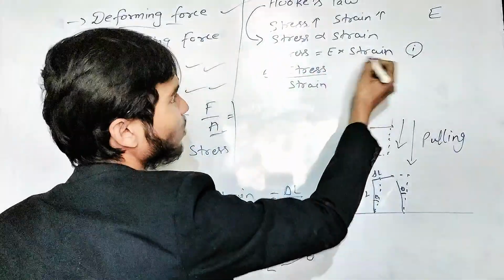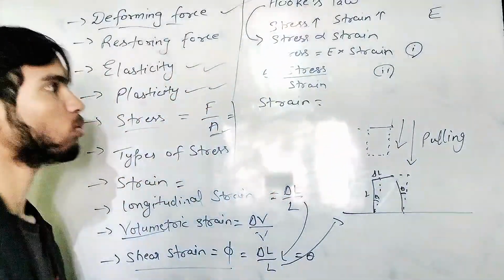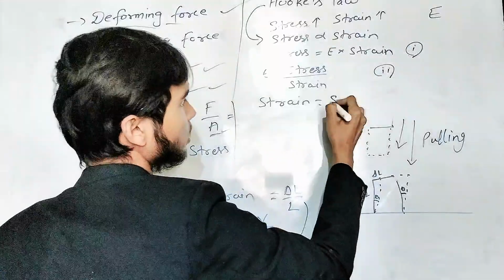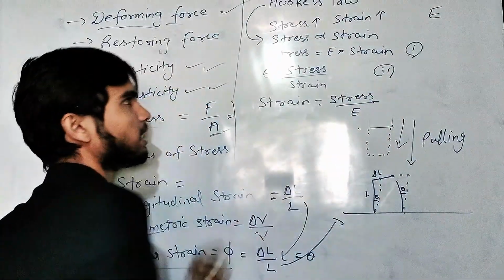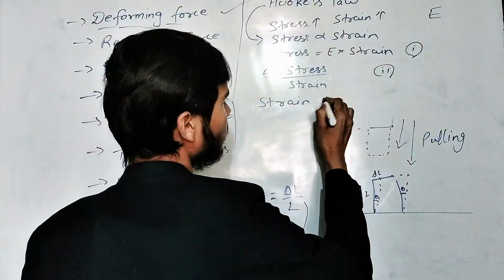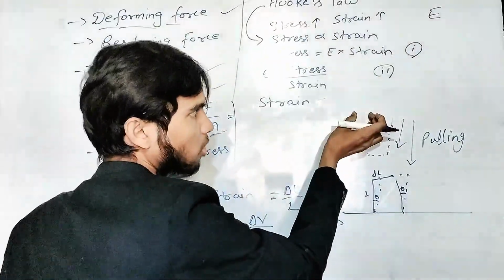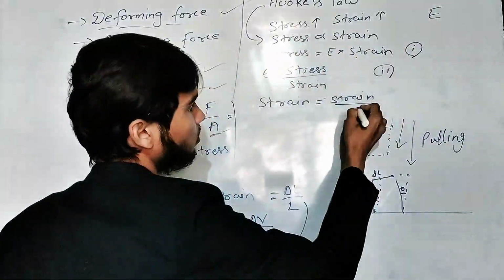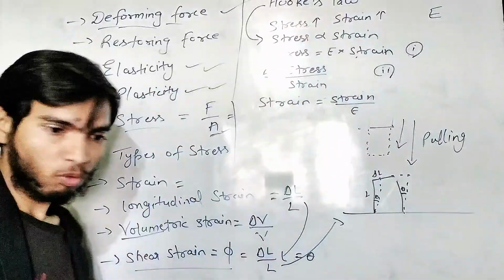Now, to find out strain, this will be equal to stress upon E. Is that correct? If E was over here, E will come downward, and stress and strain will be as they are. Clear?